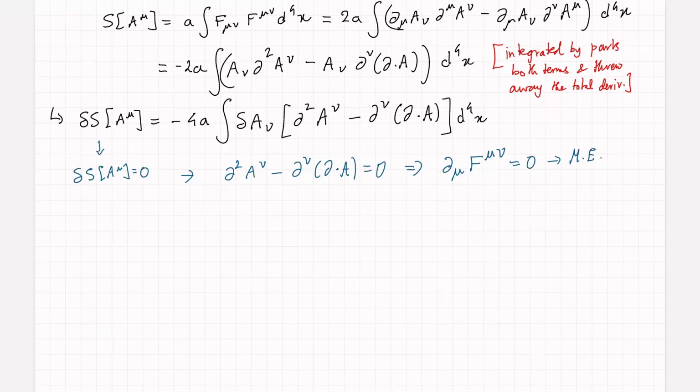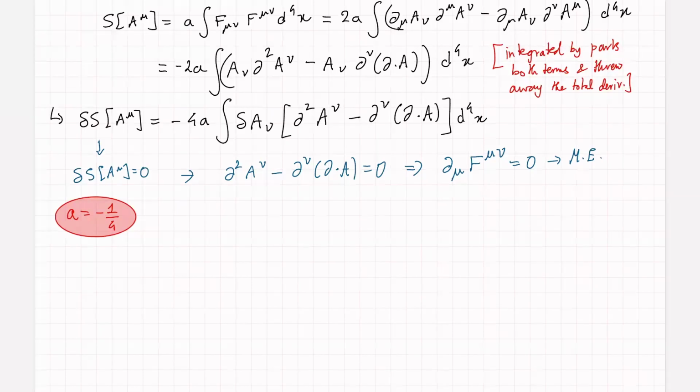It will be really good that when I vary this action, I get this number minus 4A. If this number was just 1, it would make our life simpler going forward, that we will not have to deal with some pesky factors. And therefore, a natural choice is to work with A equals minus 1/4. Mind you, this choice has no physics behind it, no maths behind it. It's just a matter of convenience. Okay, it just helps us.